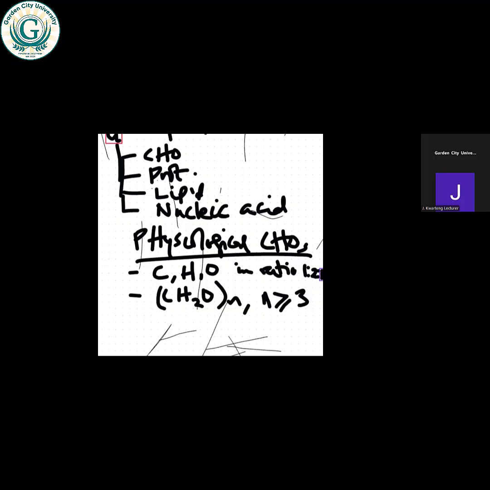So what it means is that physiologically, the simplest or shortest chain of carbohydrates will have how many carbons? 3. So you have 3, then 4, then 5, then 6, and so on.